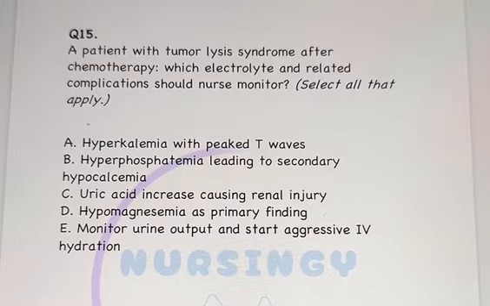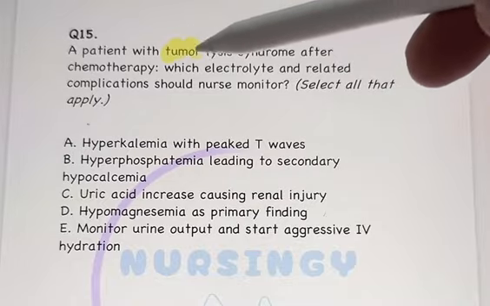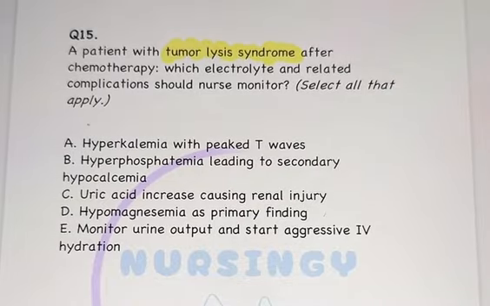Hyperkalemia. We know we just did tumor lysis syndrome in the last question. Due to destruction of the cancerous cells, what is leaking into the body? Potassium, phosphate, and uric acid, because those are intracellular components. Potassium and phosphate are intracellular, and uric acid is present in the nuclei of the cell.